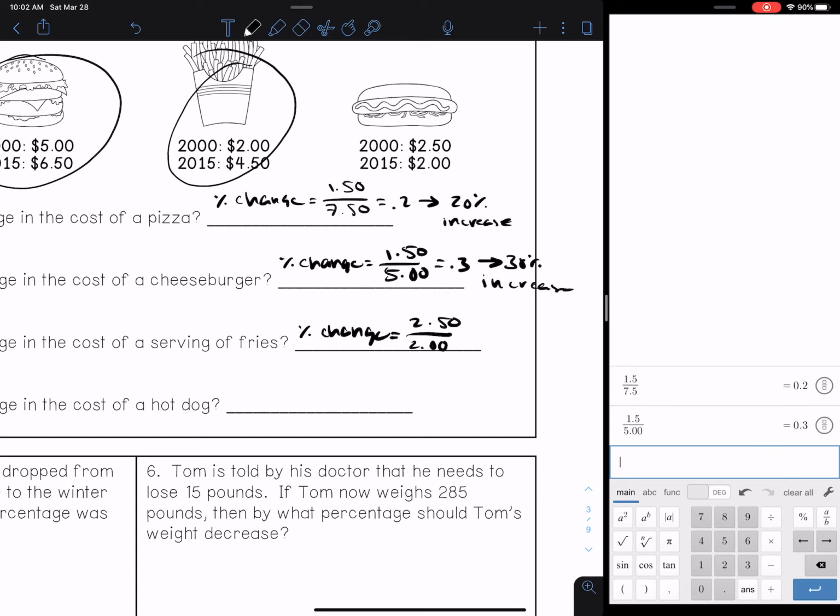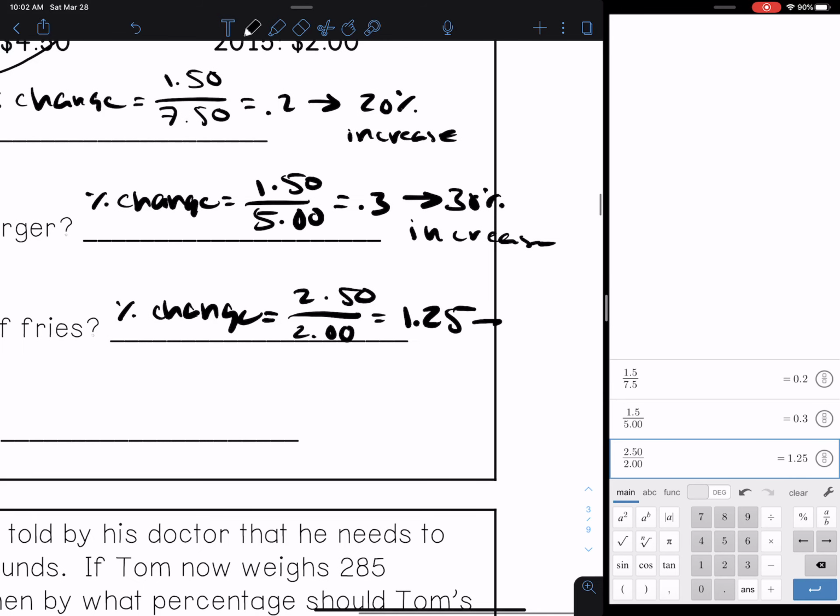So then we got 2.50 divided by 2.0. What a whopping increase. Oh my gosh. That is 1.25. How much is that as a percent? 125% increase. It doubled in price and more.